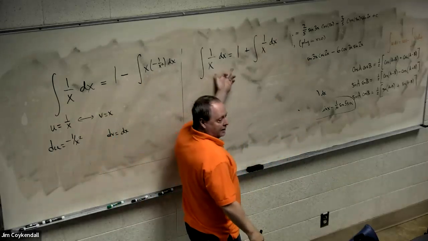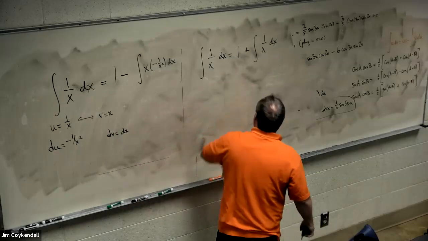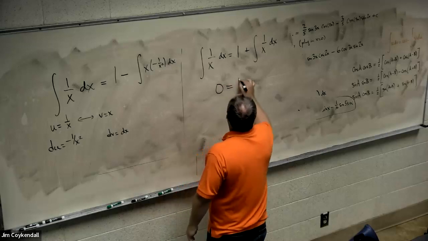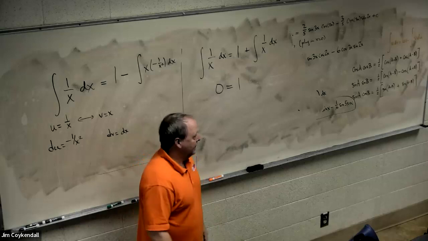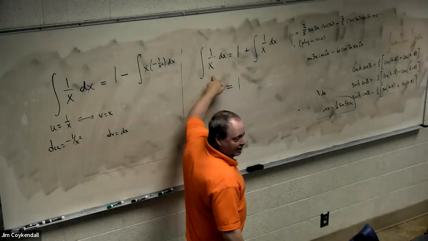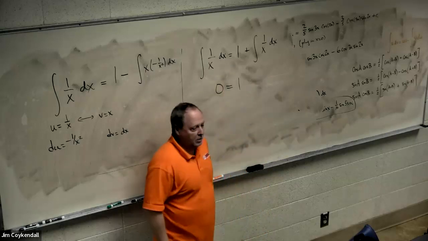Now here we have the integral of 1 over x on the same side of the equation, subtract it off, and I get 0 equals 1. Right? You see what I did. I subtracted off the integral from both sides. So now 0 is equal to 1.